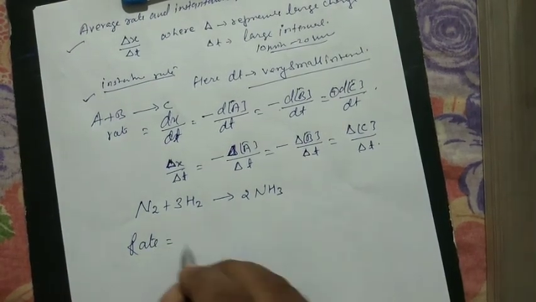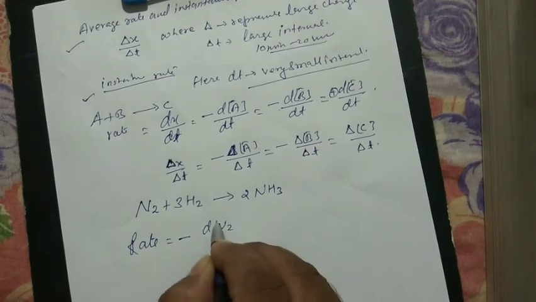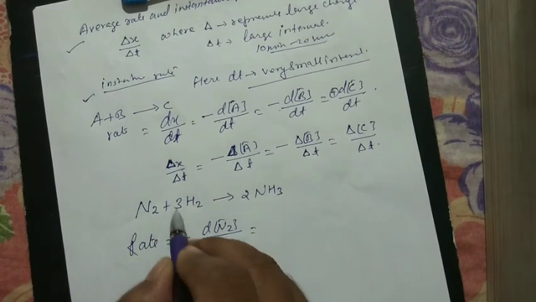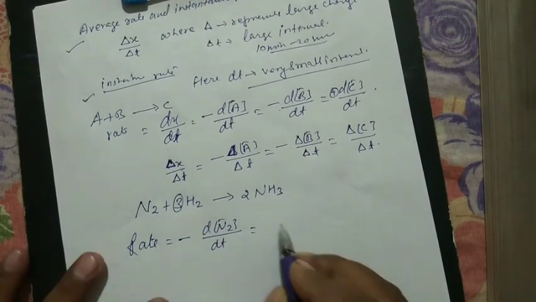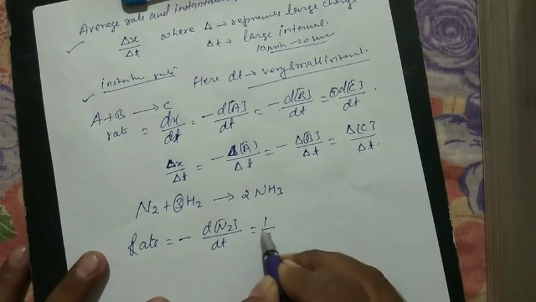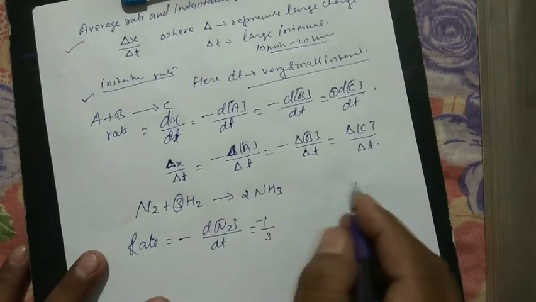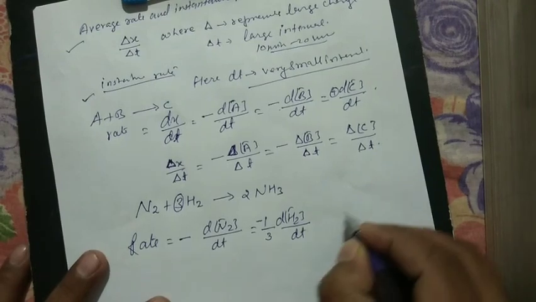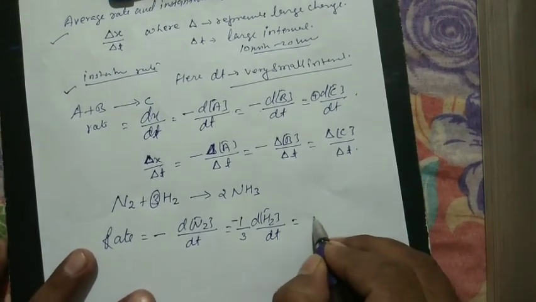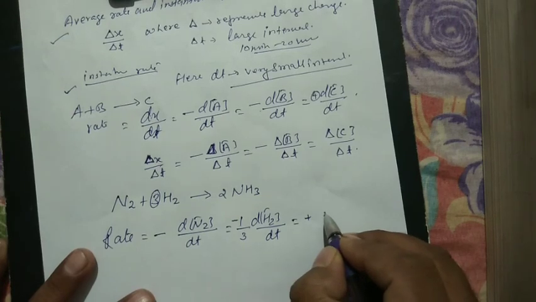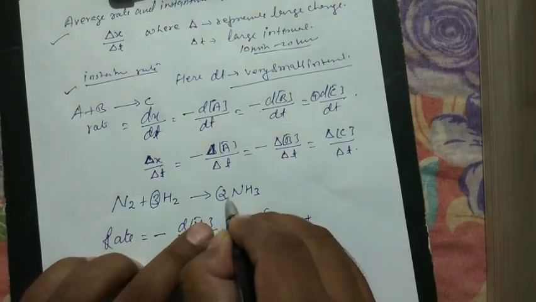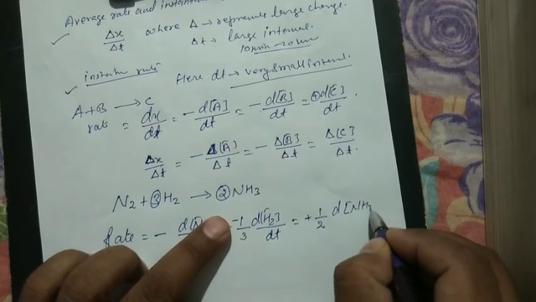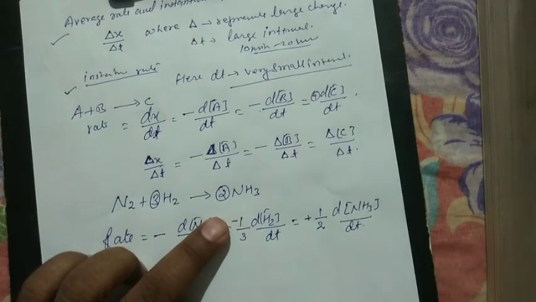Rate is equal to minus d of N2 upon dt, is equal to, here 3 is our stoichiometric coefficient, so we write 1 by 3 and use minus sign for reactant, d of H2 upon dt, that is equal to plus sign for product, and for 2 the stoichiometric coefficient is 1 by 2, d of NH3 upon dt.